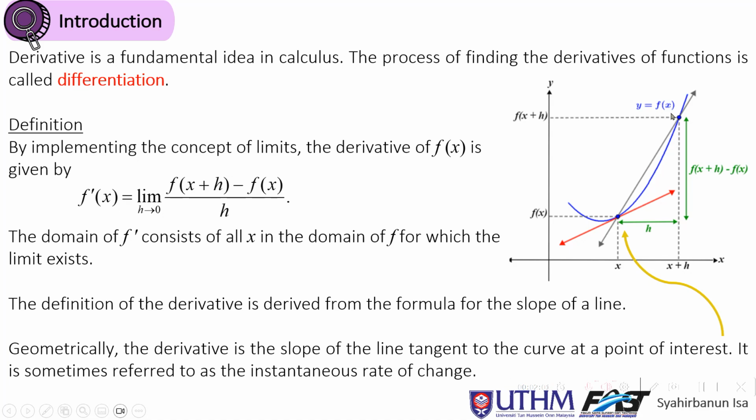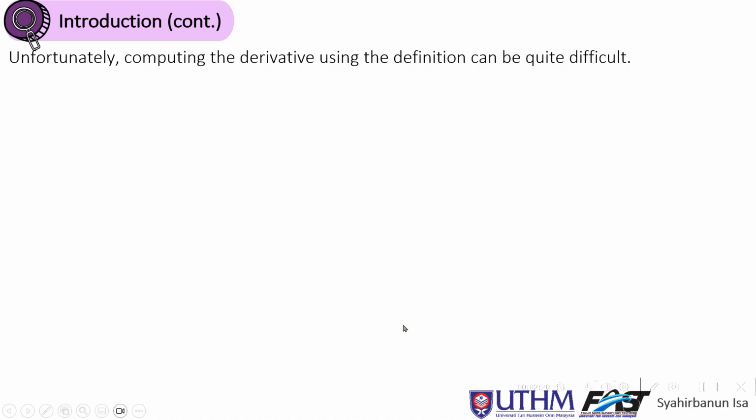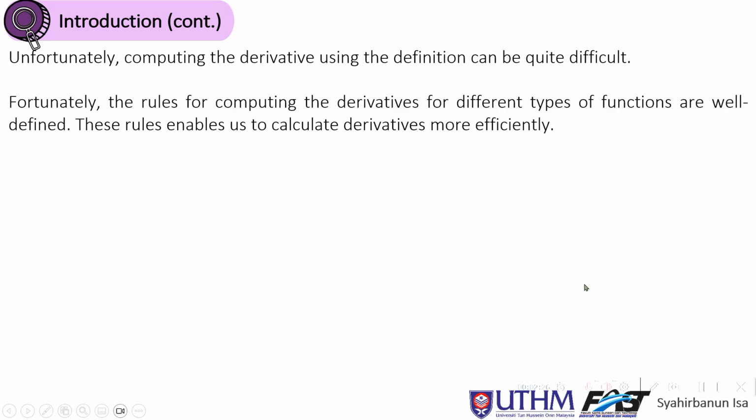By this concept comes the first principle, the limit of first principle, which is the definition of the derivative. Unfortunately, computing the derivative using the definition can be quite difficult. Fortunately, the rules for computing the derivative for different types of functions are well defined. These rules enable us to calculate derivatives more efficiently.